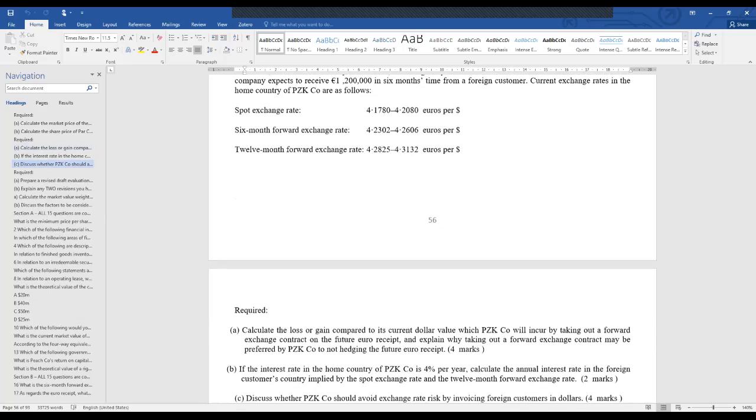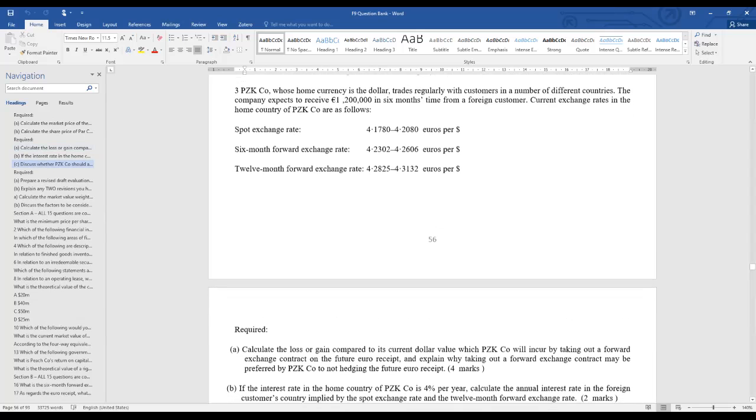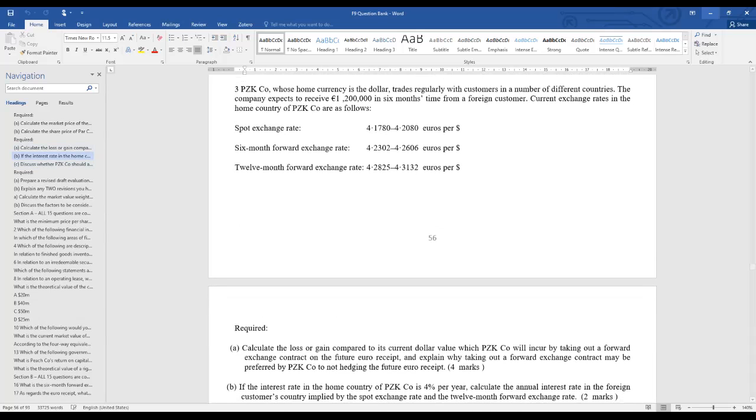Thomas? Yes. Okay, which part do we do? A and B. Okay, fair enough. Page 56 on the PZK company. Go through it, and we discuss together then.